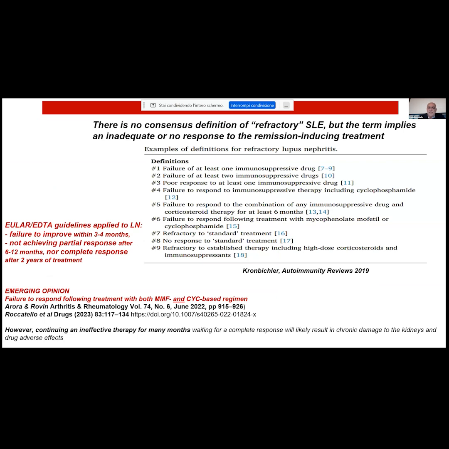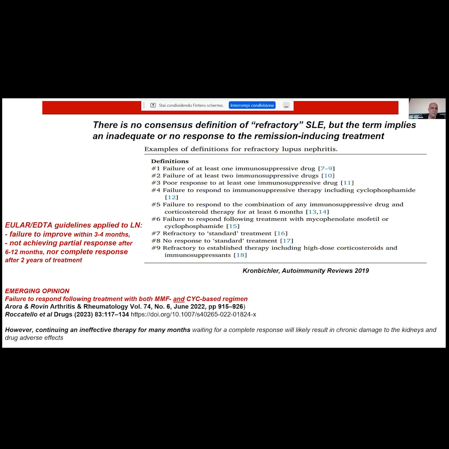EULAR/EDTA guidelines applied to lupus nephritis state that refractory lupus is lupus that shows failure to improve within 4 months, not achieving partial response within 12 months, nor complete response after 2 years of treatment.